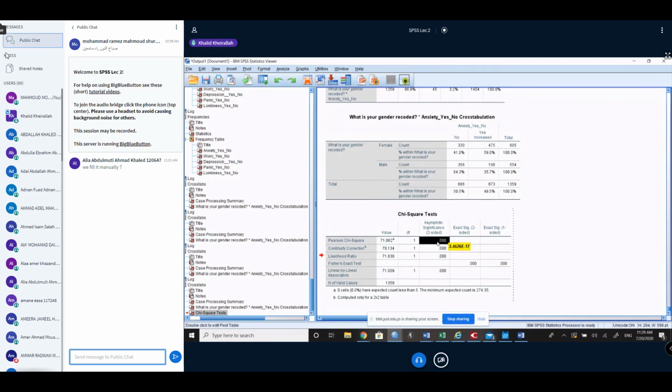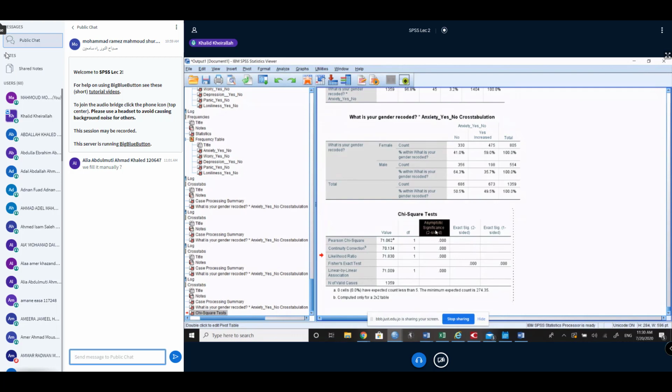This is called the p-value. So the probability of observing these differences, 59% and 35%, due to chance is very minimal, almost 0%. So my observed differences are real, not due to chance.